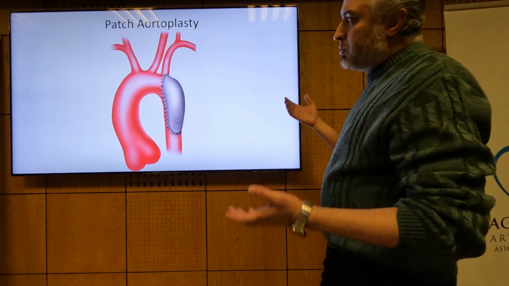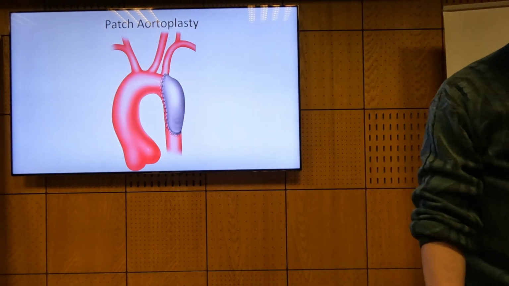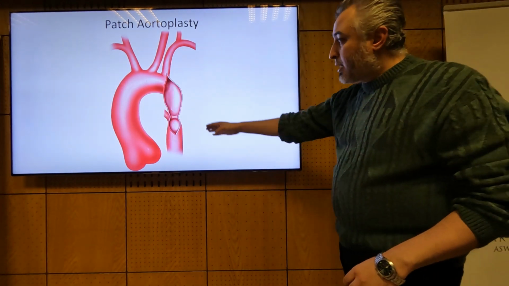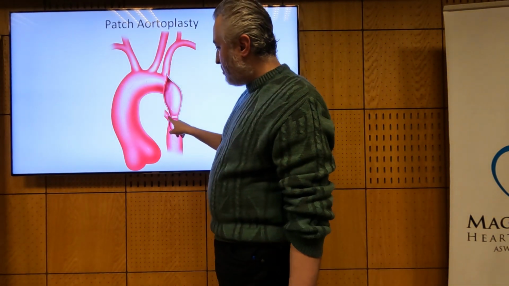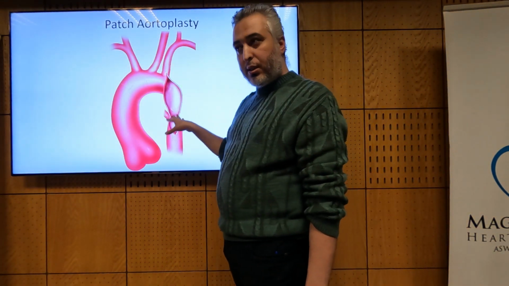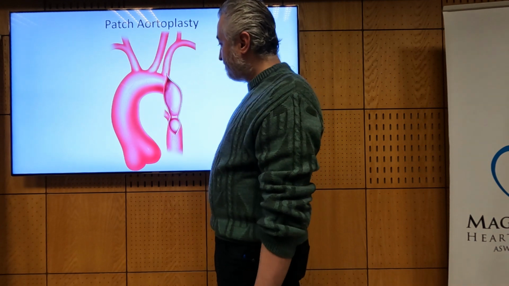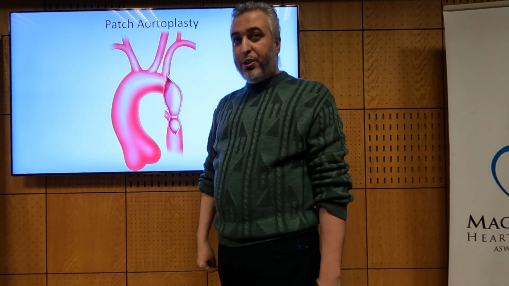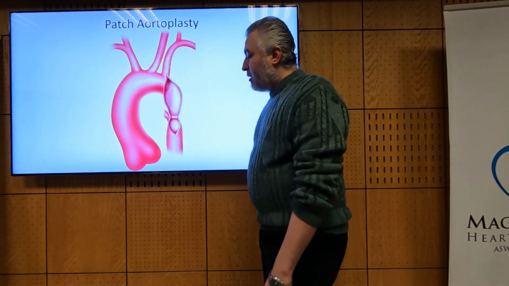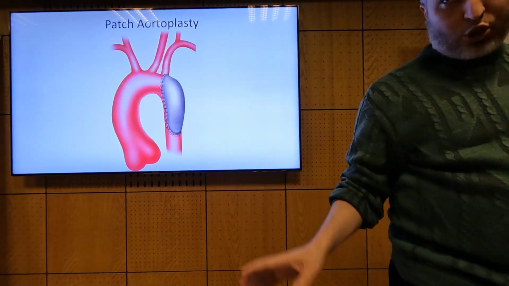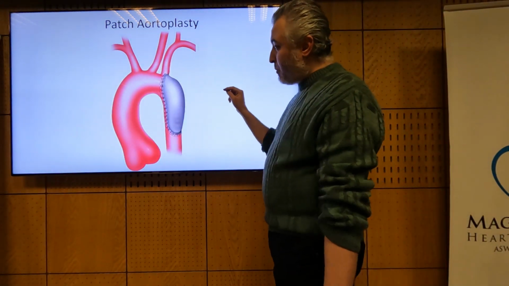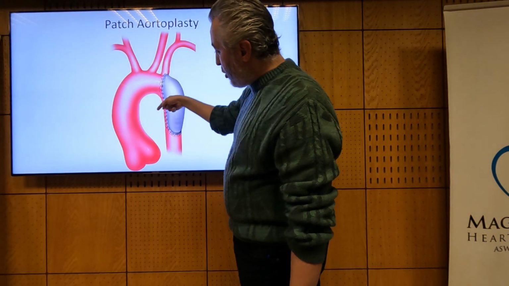So, okay, we just cut across the coarctation segment. We do not take off the shelf, keep it, and then still put the patch. You still develop aneurysm. We're not sure why, but they develop aneurysms just opposite to the patch.